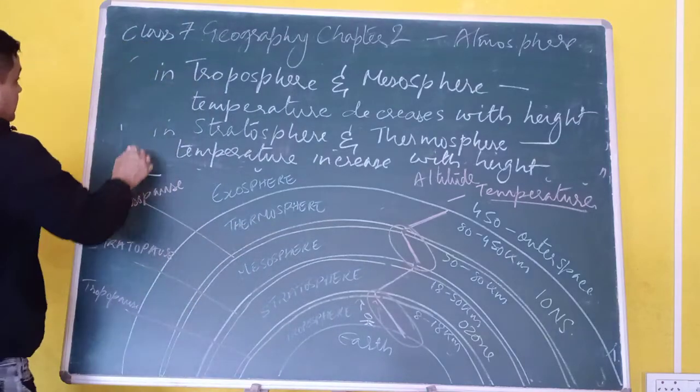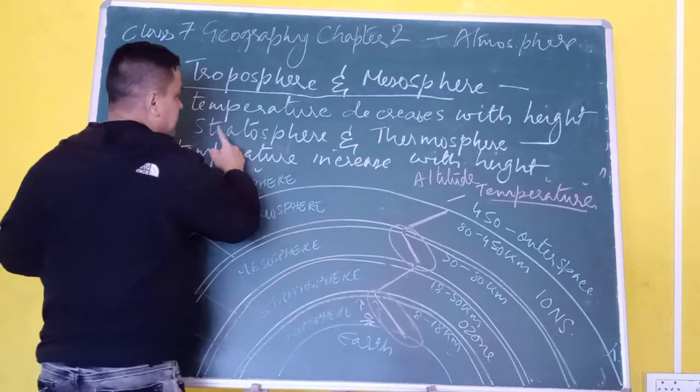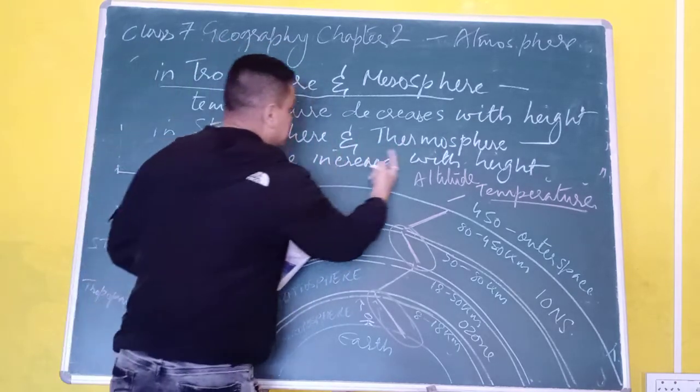Now you have to understand this. In the troposphere and mesosphere, temperature decreases with height. In the stratosphere and thermosphere, temperature increases with height.